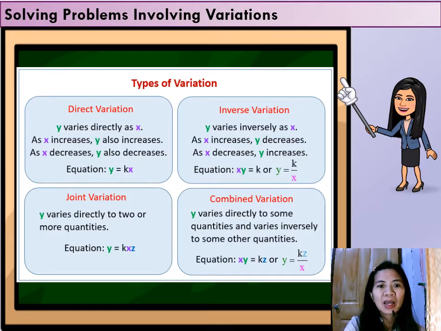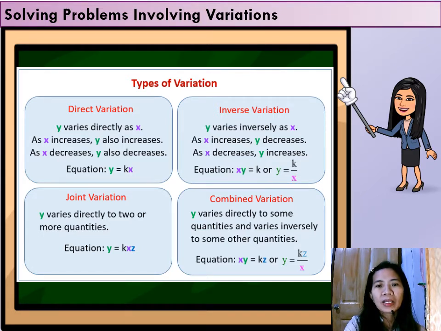This means as x increases, y also increases. As x decreases, y also decreases. So we have our mathematical equation, y equals k times x, or to get the constant, we have k equals y divided by x.